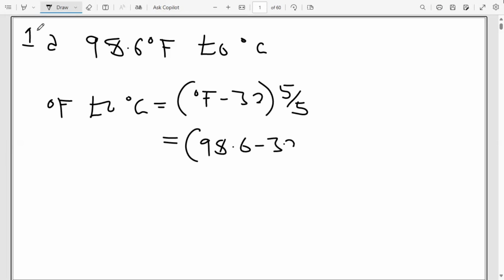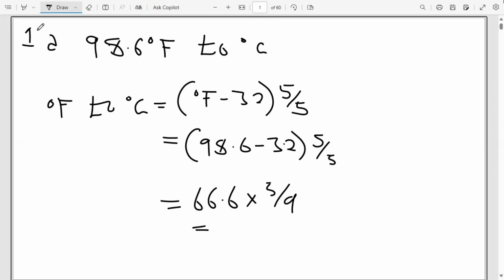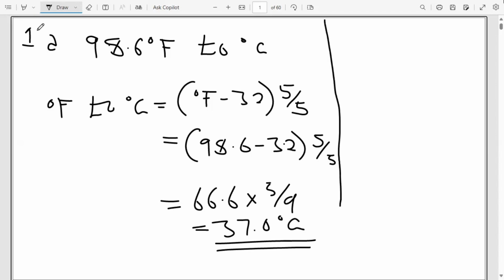I'll subtract 32 from this and multiply by 5 over 9. If I plug this into my calculator, I'm getting 66.6 multiplied by 5 over 9, and if I multiply this, I'm getting a temperature equal to 37.0 degrees Celsius. So we've converted our temperature from degrees Fahrenheit into degrees Celsius.